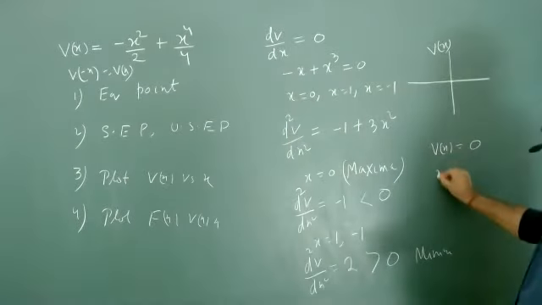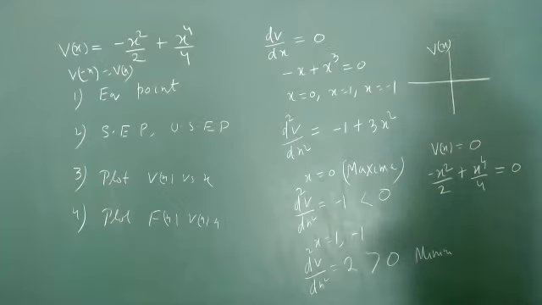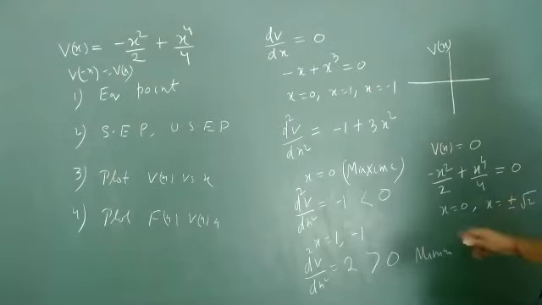So I have minus x square by 2 plus x⁴ by 4 equal to 0. So x equal to 0 as well as x equal to plus minus root 2, isn't it? From here we can easily calculate. You can take x square common: minus 1 by 2 plus x square by 4, and x square equal to 0, and minus 1 by 2 plus x square by 4 equal to 0. So at these 3 points, your potential is 0.